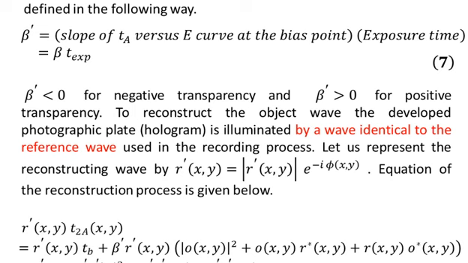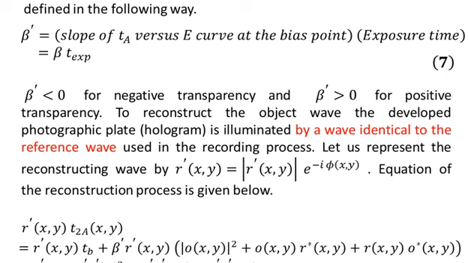So R prime can be represented as the mod of R prime multiplied by the phase factor, which is e to the power minus iota phi of xy. You know that before that we have used two values, phi naught for the object phase and phi r for the reference phase, and here we are using just generally phi as a function of xy.